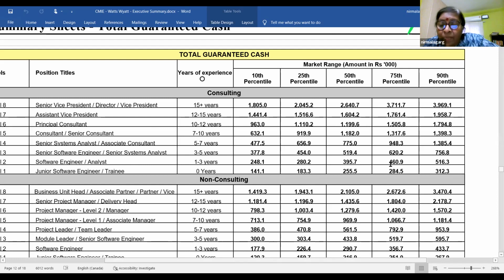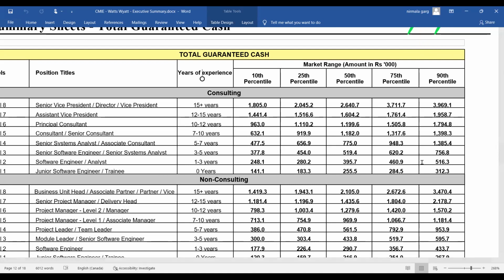I need to make an internal correction at this level because my attrition is very, very high. I want to bring it to the 80th percentile. So I will give an increase in the salary and make a market correction to bring it to the 80th percentile. Clear, guys? Clear. Okay.